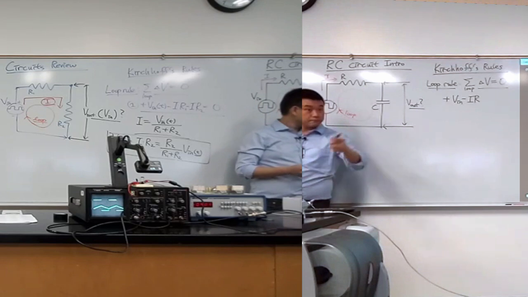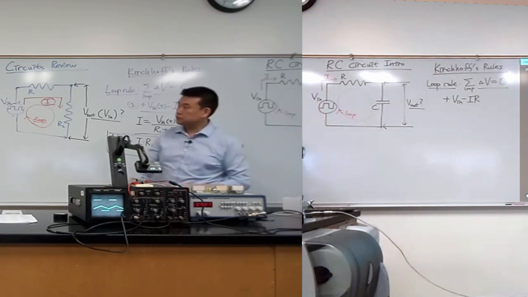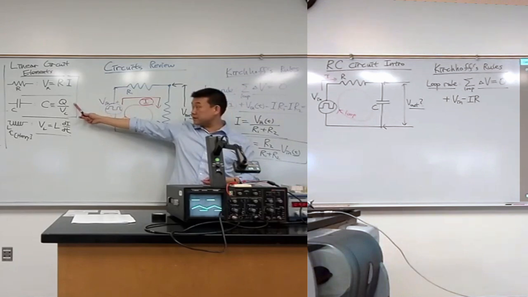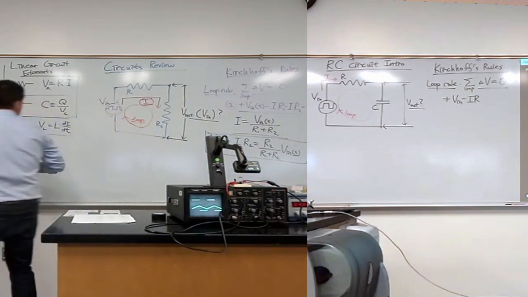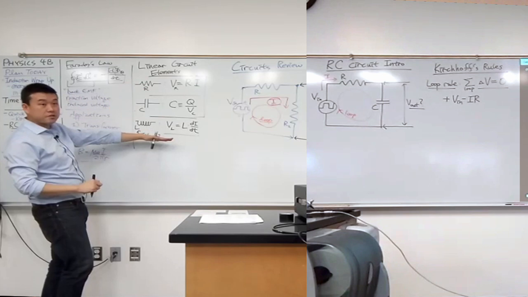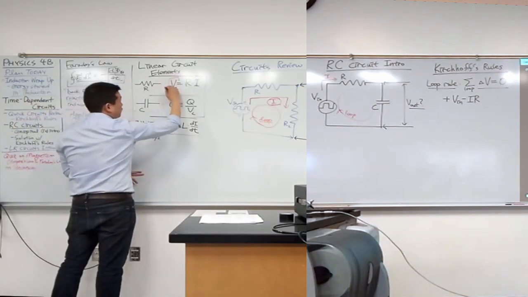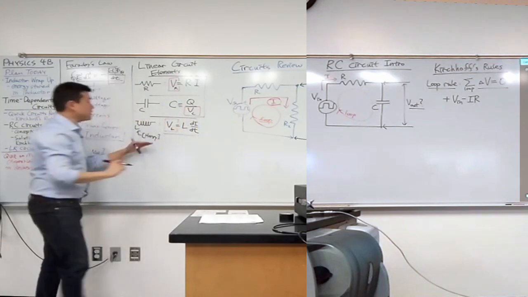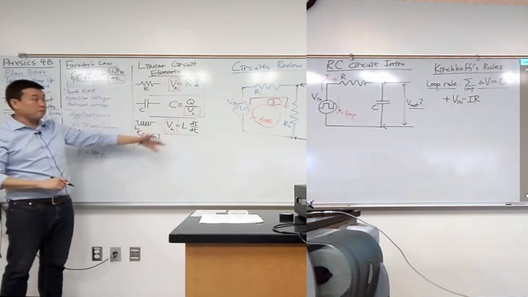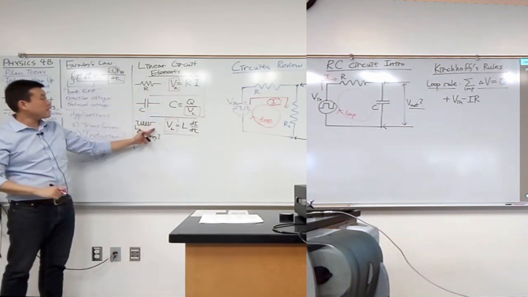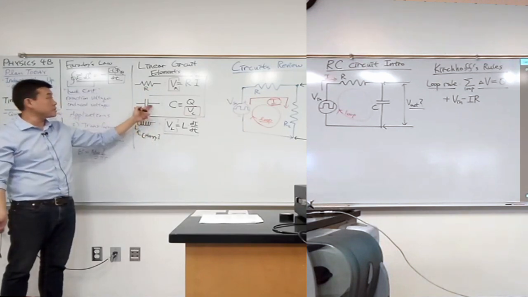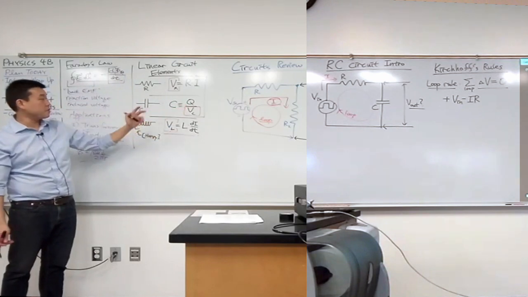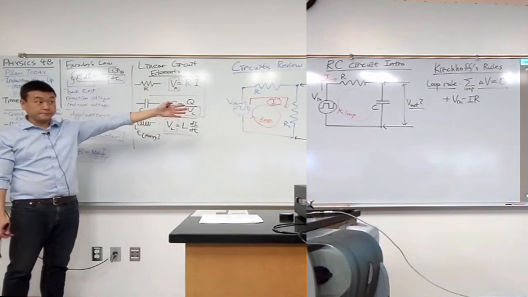I was looking at the formulas. So you are going to be using this relationship here. This is the defining relationship for a capacitor. When you look at these expressions carefully, you will see that all of them contain an expression for voltage. That's what these expressions are really for. For each of the circuit elements, they tell you how to get the voltage difference across that element, so that you can express the circuit element in Kirchhoff's rules.